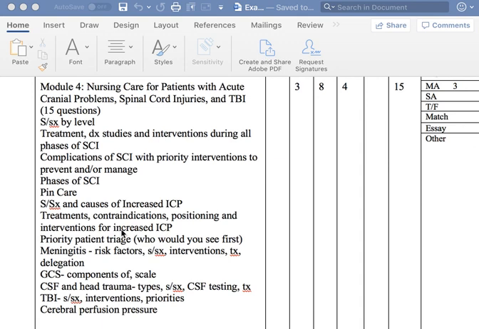The other thing, phases of the spinal cord injury are on page 14. Hold on, let me go back to it. I just went past it.